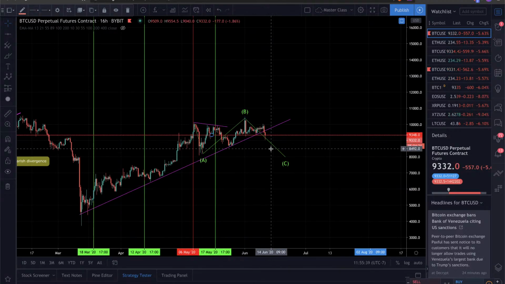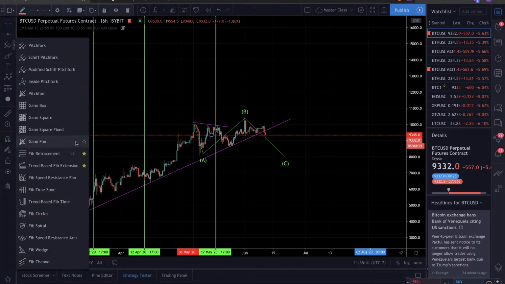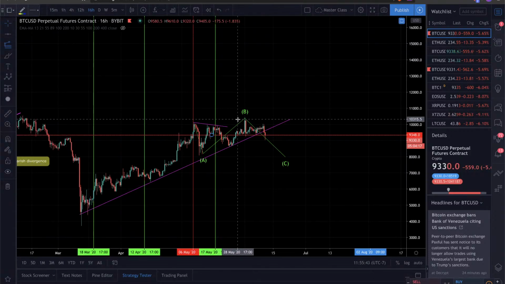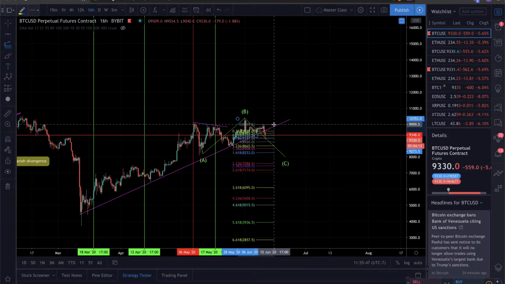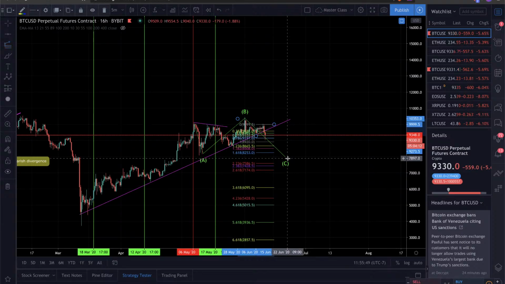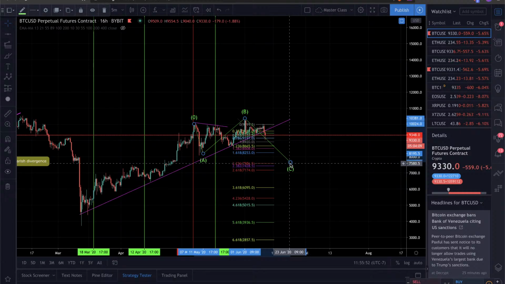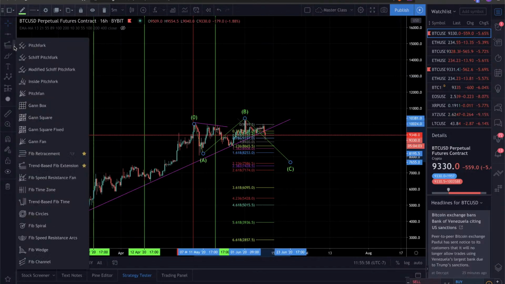I would expect another 5-wave move down, if that's what this is. So, giving a little bit of a sneak peek, even if that's a wave 1, we can be looking at roughly 7,500 for a full 5-wave move down.